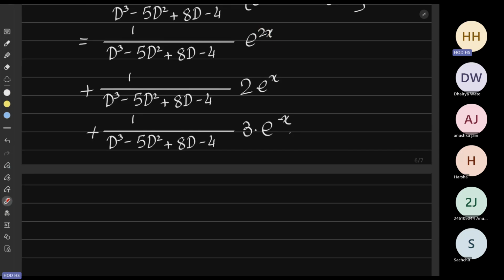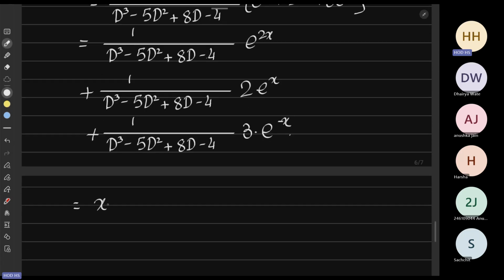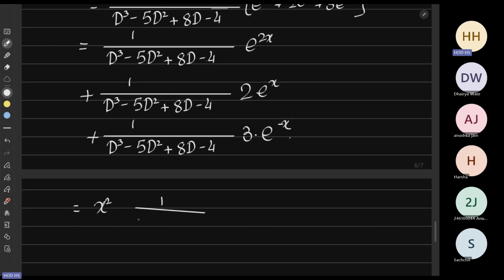So we need to take the second order derivative of this quantity, and to compensate for the second order derivative, we need to add x square. So what is the second order derivative? I will have x square times 1 upon the second derivative of D cube minus 5D square plus 8D minus 4, that is 6D minus 10, of e to the power 2x. Then since 1 is a root, I need to take the first order derivative, and I will take this 2 outside.